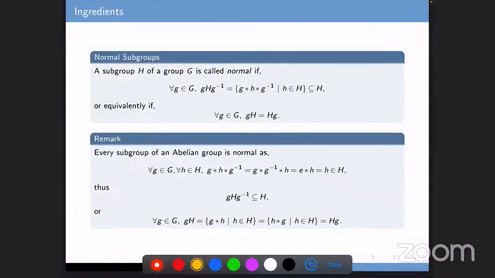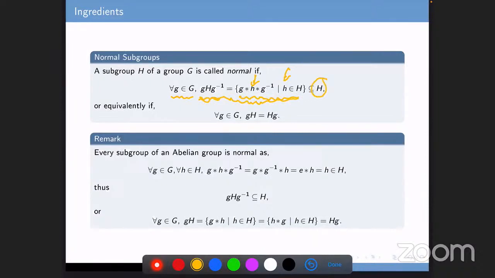Next we have normal subgroups, a special kind of subgroup. In these subgroups, we pick any element g from G and we form this set gHg inverse, which contains elements like this. We pick any element h and we operate it this way. And this new set should be included in H. That is the condition.